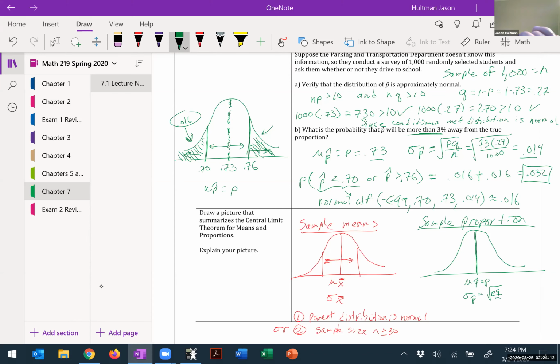And over here with the mean, this was sigma over the square root of n, so this is just equal to mu as well.